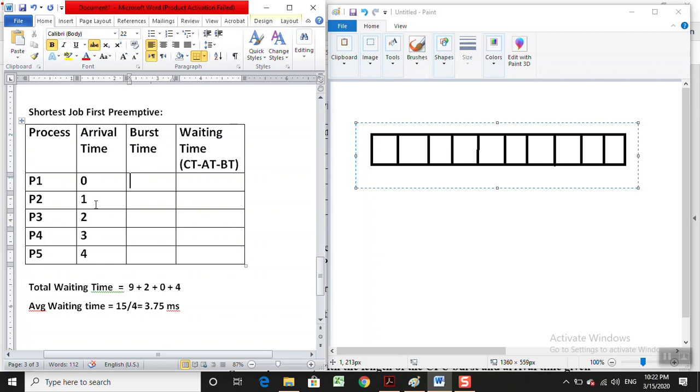So now let us assume that at each unit of time, the processes arrive like 0, 1, 2, 3, 4.